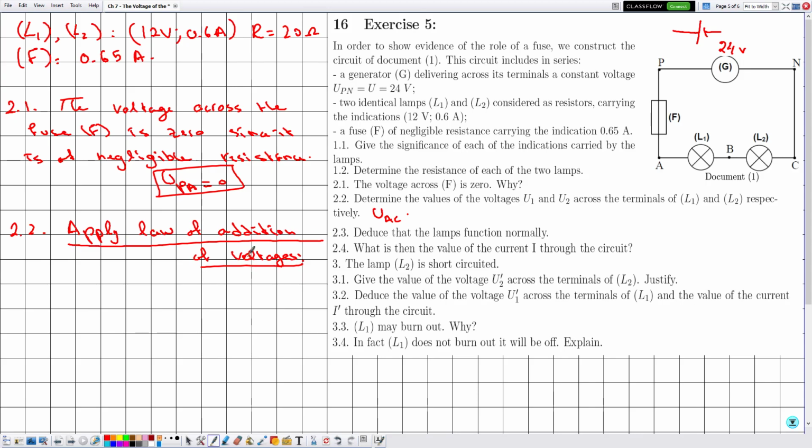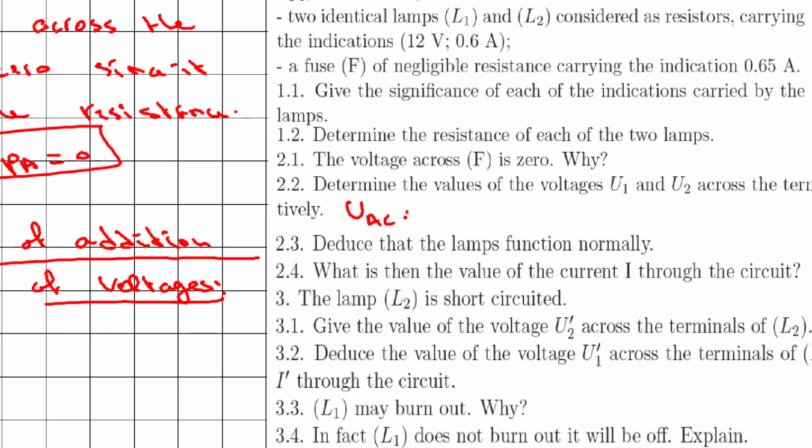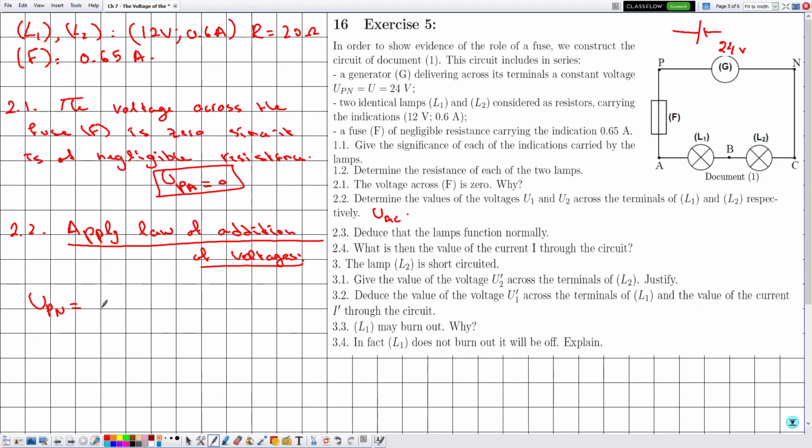Always on the left we write the voltage of the battery, UPN, measured from the positive pole to the negative pole. On the right hand side of this equation we go from P to N across different electric components, making sure that UAC appears: from P to A, from A directly to C, from C back to N.